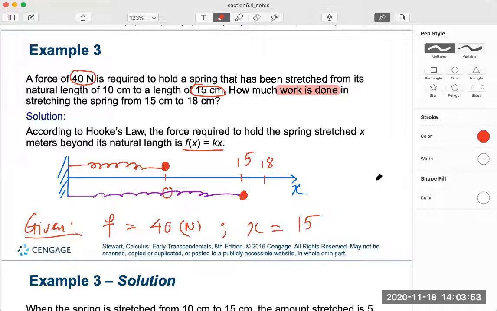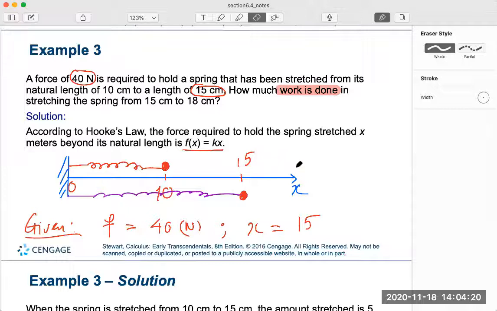Okay? Oh, wait. The natural length of the spring is 10. Okay, it means here it should be 10. This is the origin, I'm sorry. This is the natural length of the spring. So it means that the distance from here to here will be 5 centimeters. Okay?